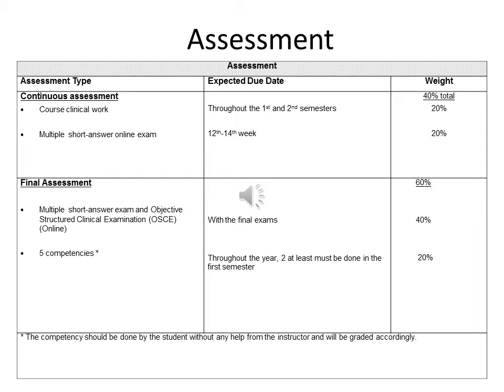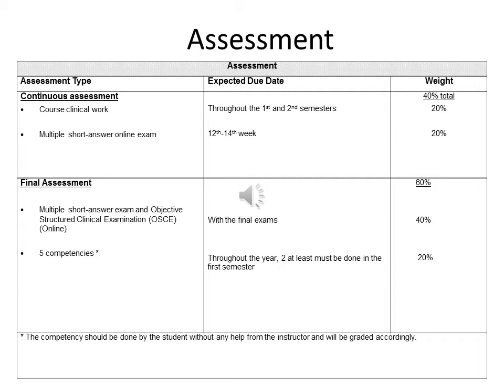Assessment of this course will be divided into two parts, continuous assessment and final assessment. The continuous assessment has 40% of the total weight for marks, and the final assessment will have 60%.